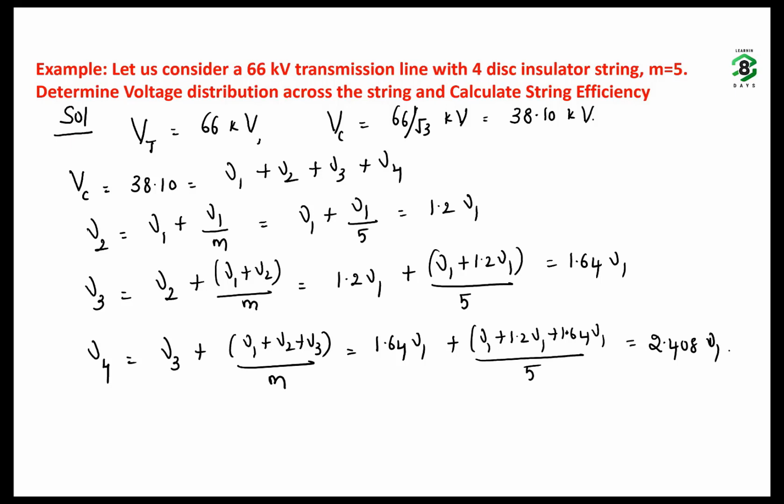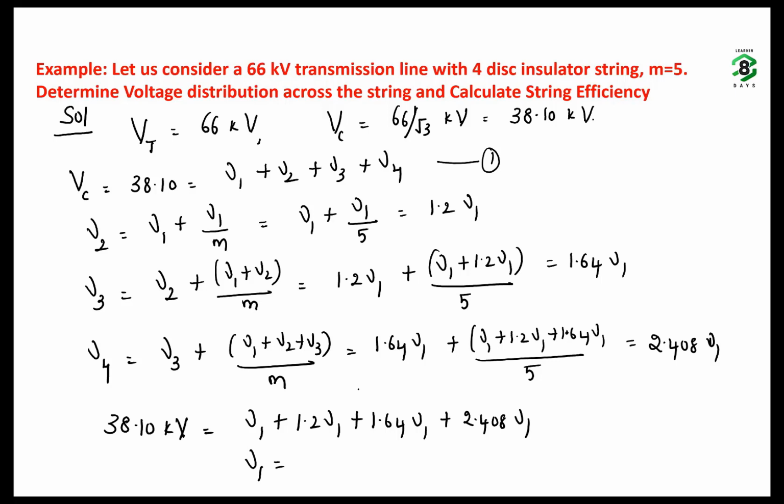So we know all four values and their sum. Let us call this equation one. If you substitute, you get 38.10 kV is equal to v1 plus 1.2 v1 plus 1.64 v1 plus 2.408 v1. From this, if you solve, your v1 value will become 6.09 kV.